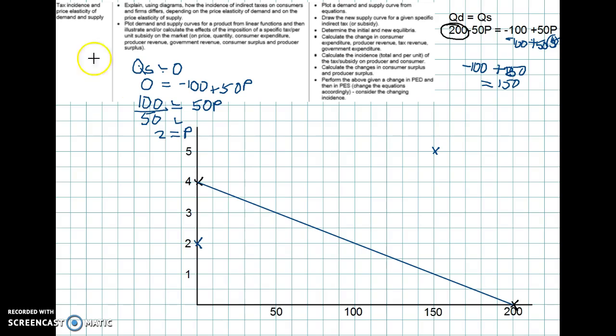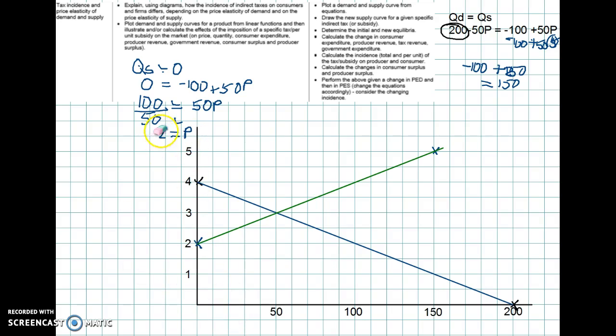So let's use a different colour line for that. So 2 starts there, and then let's put a proper line there. Same for you, use a ruler. I'm going to go through there. There we go. And then let's label these lines appropriately.